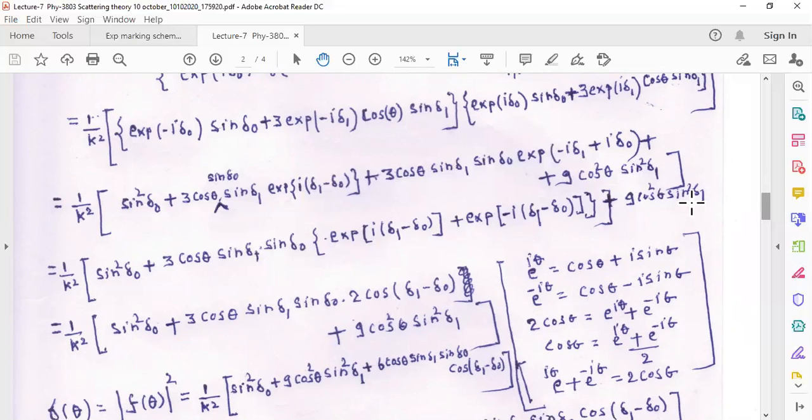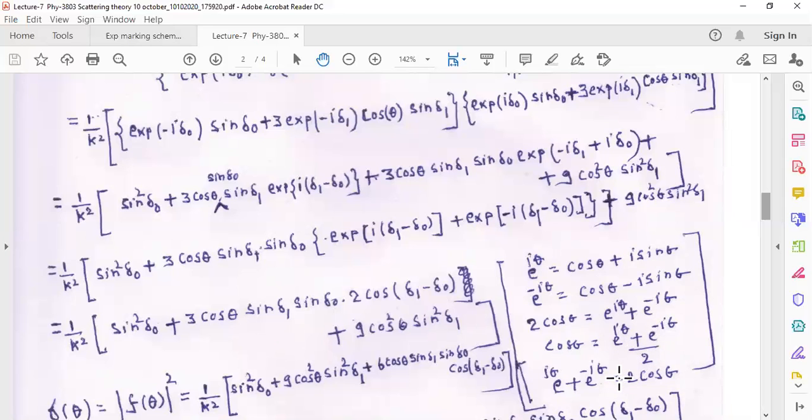Now you see here sin square delta 0, 3 cos theta sin delta 1 sin delta 0, and this is Euler's expansion: e to the power of i theta is cos theta plus i sin theta, and e to the power of minus i theta is cos theta minus i sin theta. So one can write cos theta is simply e to the power of i theta plus e to the power of minus i theta divided by 2.